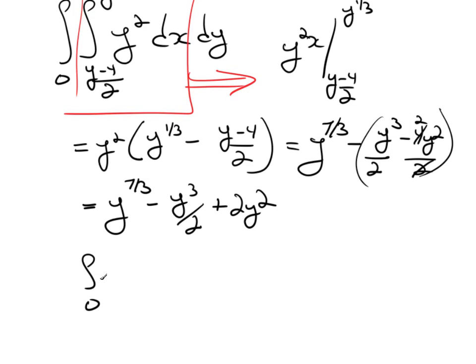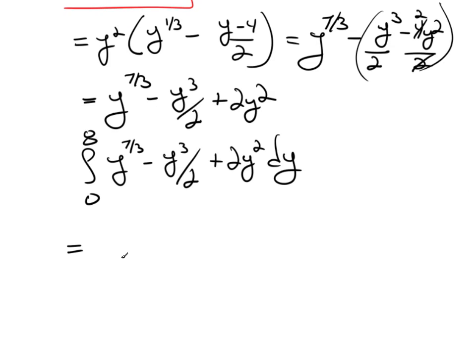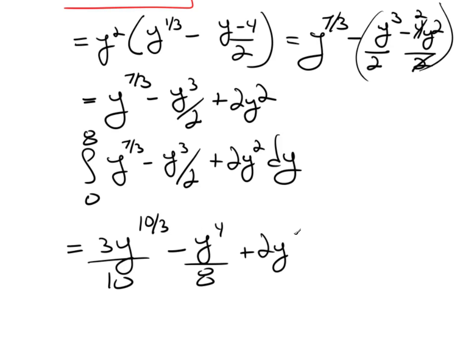So I will integrate from 0 to 8 of y to the 7/3 minus y cubed over 2 plus 2y squared dy, which will give me y to the 10/3 divided by 10/3, which is the same as multiplying by 3/10, minus y to the 4th over 8 plus 2y cubed over 3, evaluated from 0 to 8.